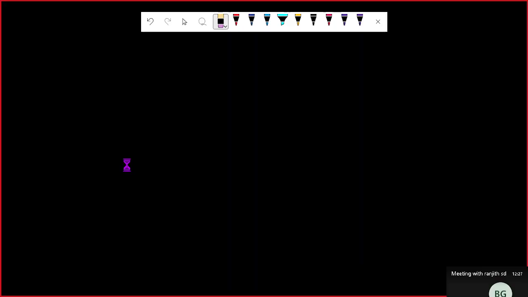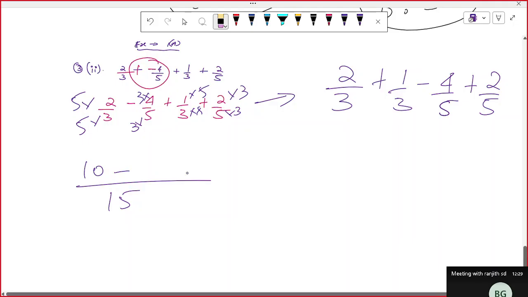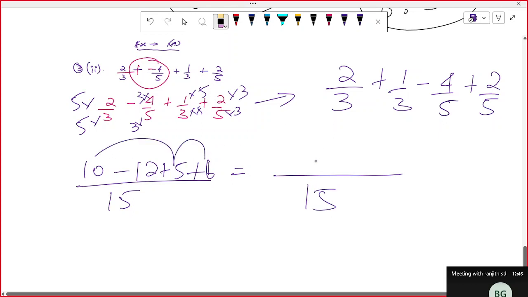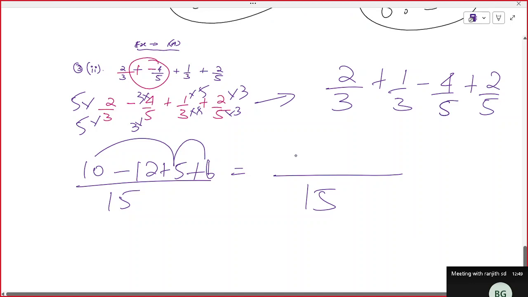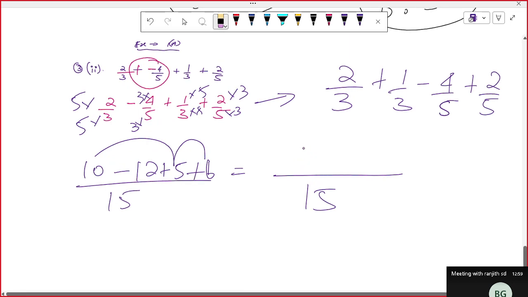5 twos are 10 minus 12 plus 5 plus 6. Add all the positive numbers. 10 plus 5, 15. 15 plus 6, 21, sir. 21 minus 12.